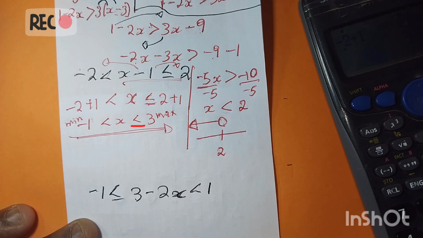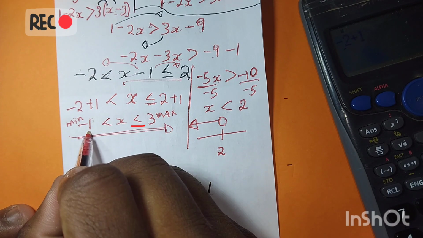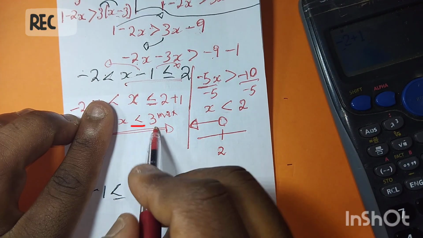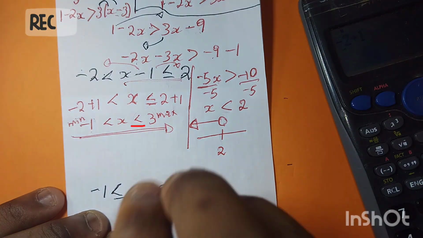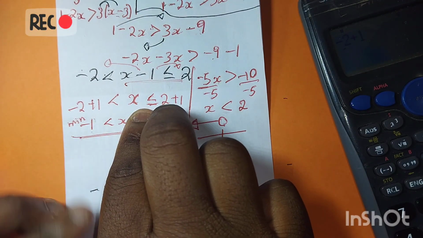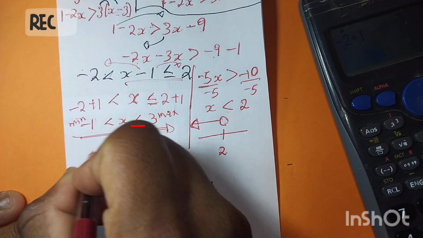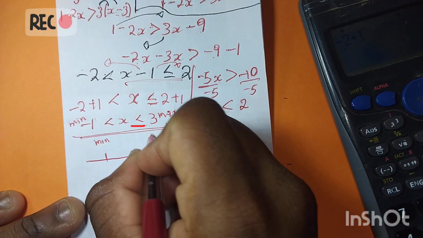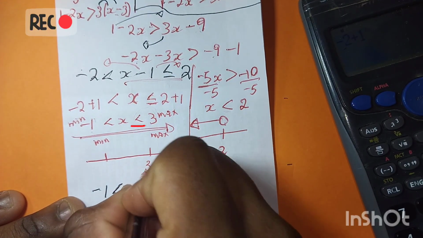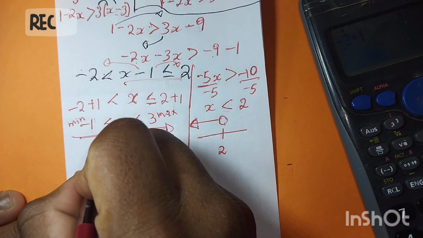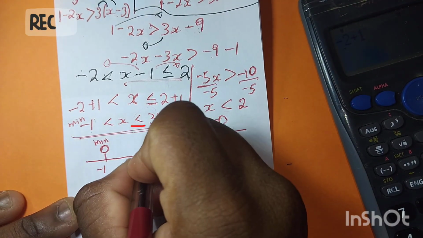For you to draw a number line, here you've got two answers. You've got this answer, and at the same time you've got that one. So it simply says that this will be your number line. Obviously, here it will be your minimum, here it will be your maximum. So it's 3 and minus 1 there, and here it's 0 and that.